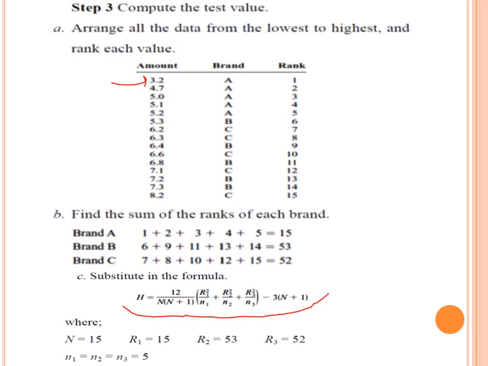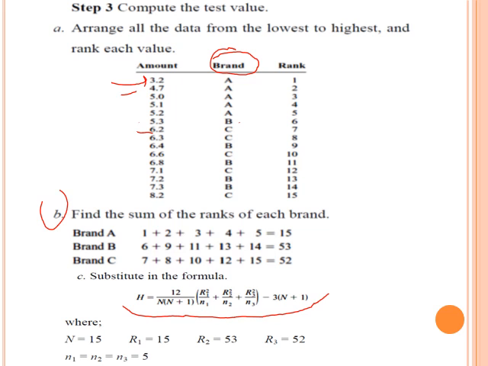The lowest one is 3.2, coming from brand A. You should write in a column which brand each amount comes from, whether brand A, brand B, or brand C, because you will need it in the next step. The other values: 4.7 coming from A and 5 coming from A, here 5.3 coming from brand B, 6.2 coming from C, and so on.